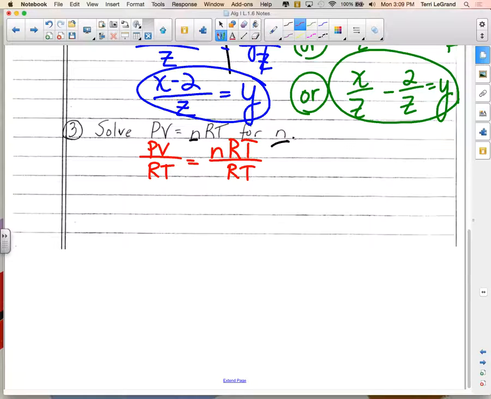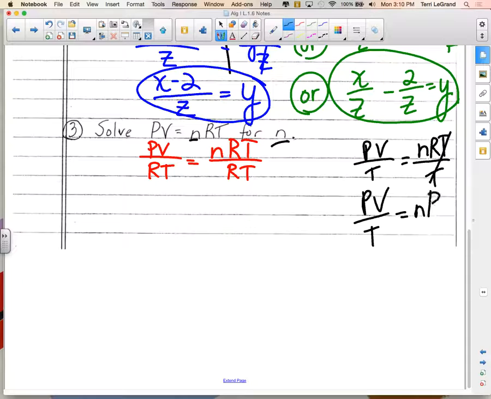But because it's straight multiplication, we can get away with this. And I want to show you what you might think you can do, and you actually can do. You don't have to put this in your notes necessarily, but you might show it like this. You say, oh, I got to divide both sides by T. So that's your first move. You divide both sides by T, and then these cancel, and you have PV over T equals nR.